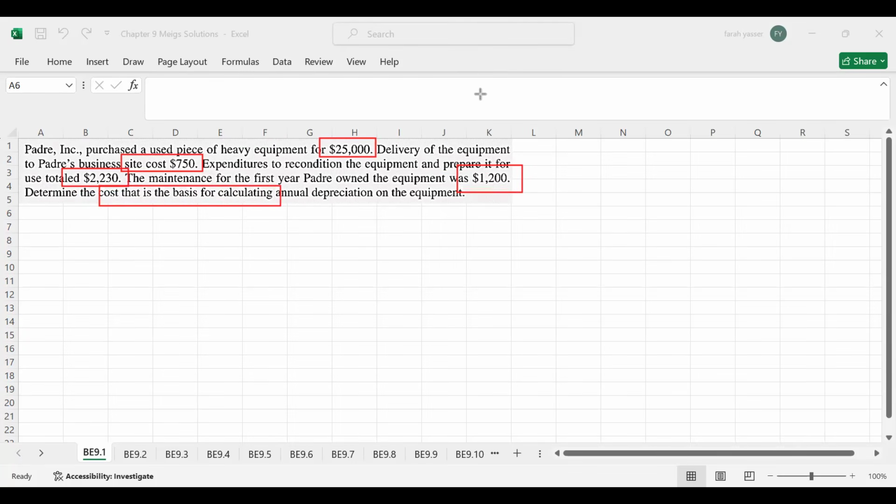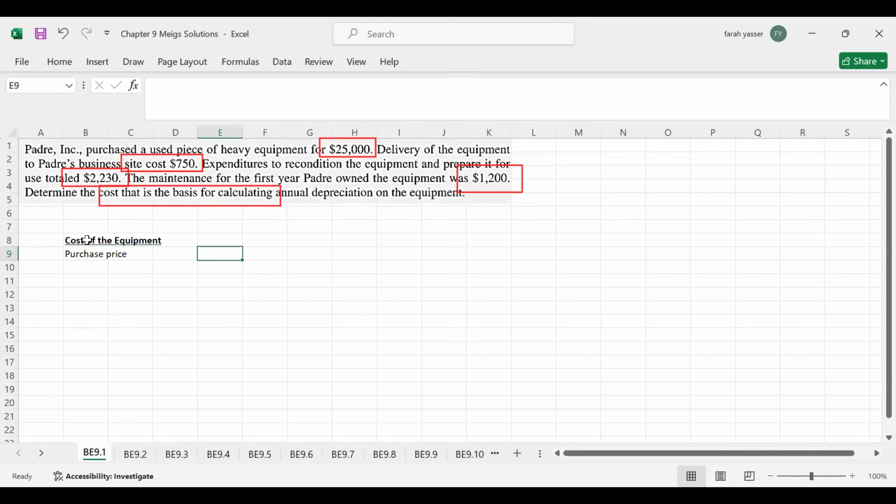So we are going to calculate the cost of the equipment. The first part is the purchase price, or you can say invoice price.